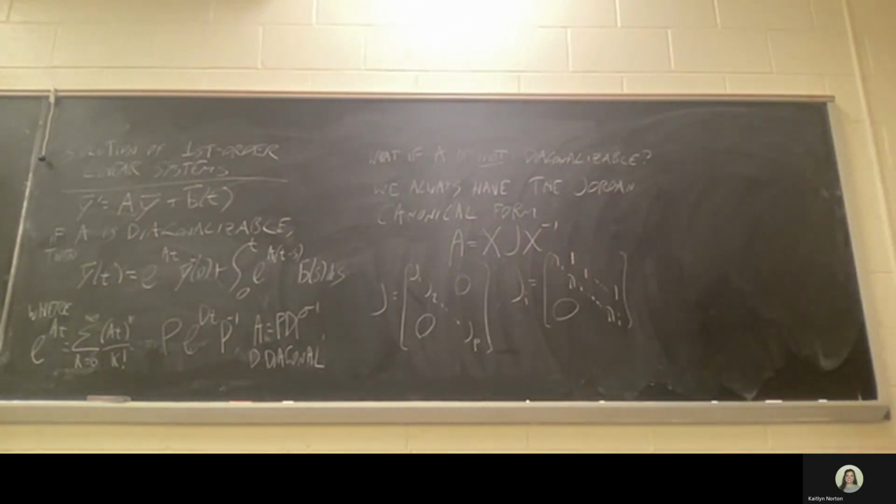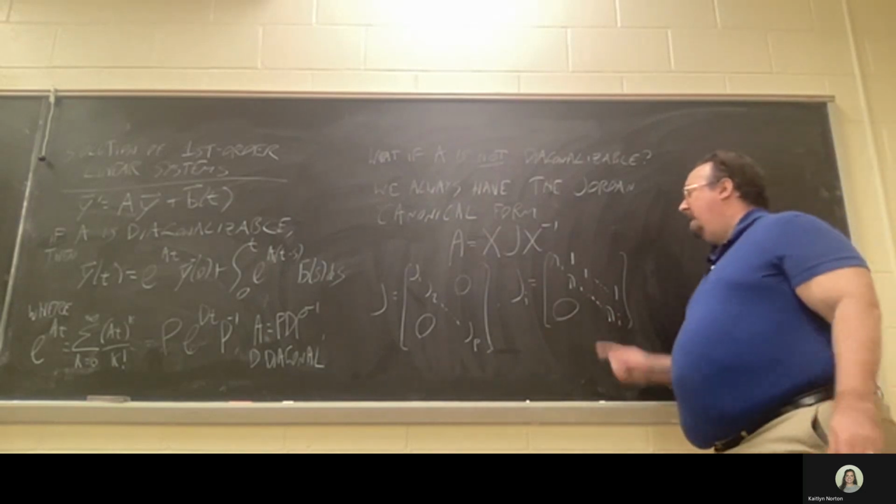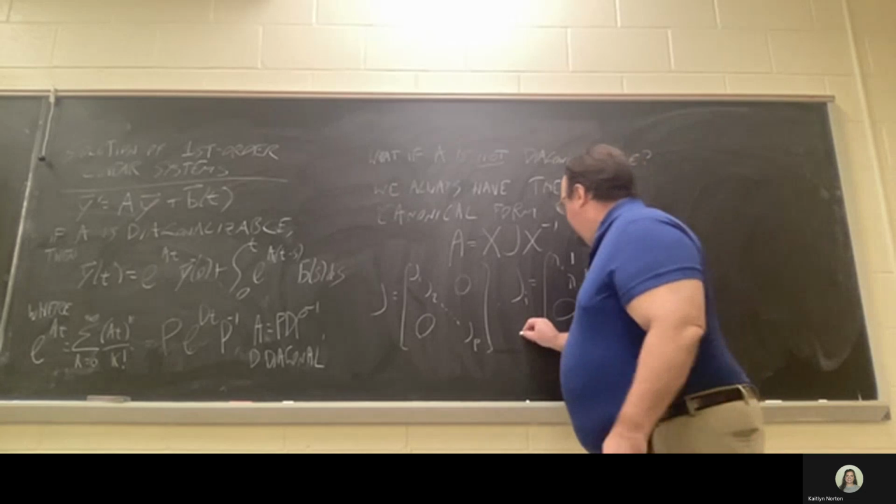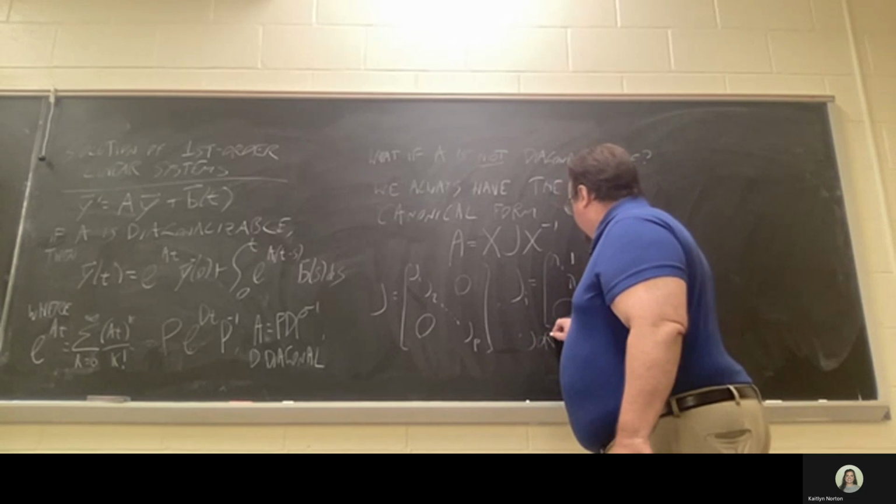So this is the quintessential non-diagonalizable matrix. If you have a matrix like this, there's no way you can multiply by P on the left and P inverse on the right to make it diagonal. So this is called a Jordan block.